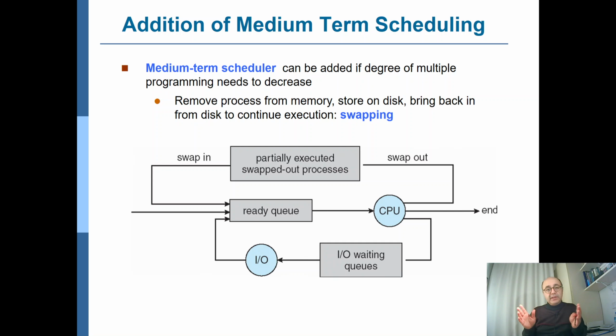We're just pausing them. And to open up space in memory, we take them from the memory onto a special part of the disk, what we call the swap area, or in short the swap. So we are taking some processes from the memory and putting them on the swap.